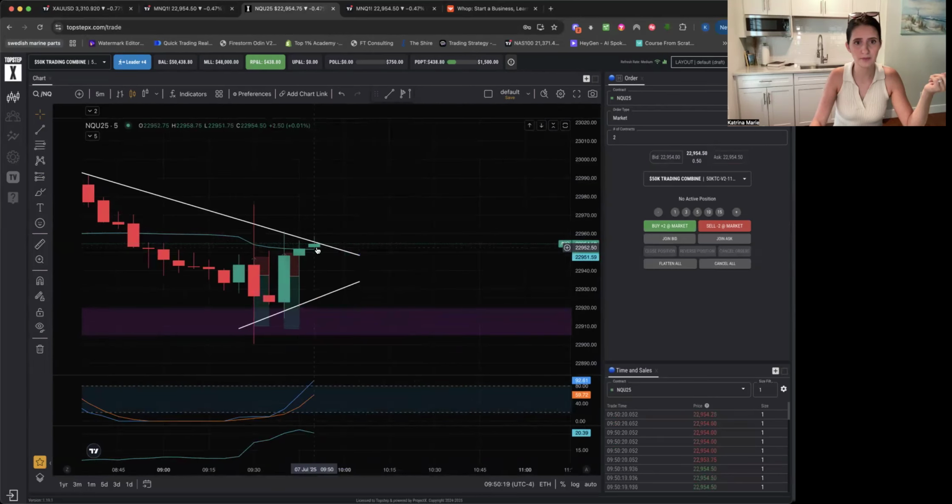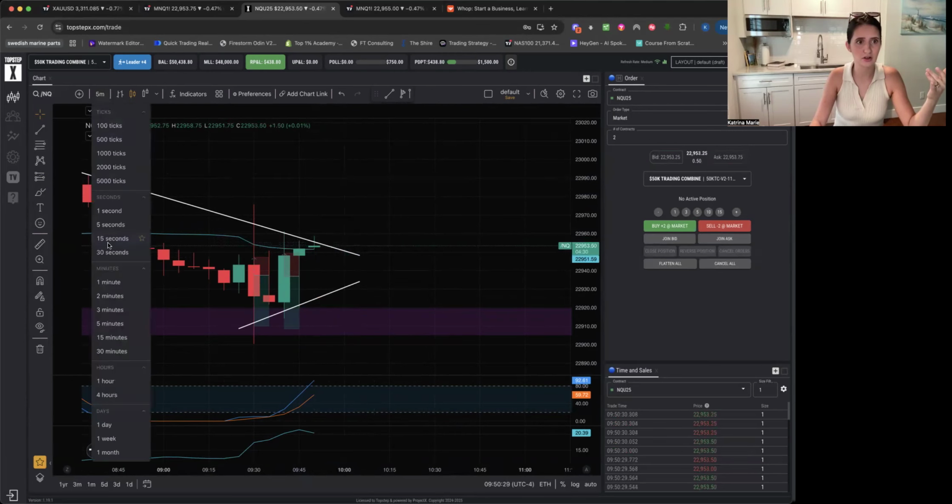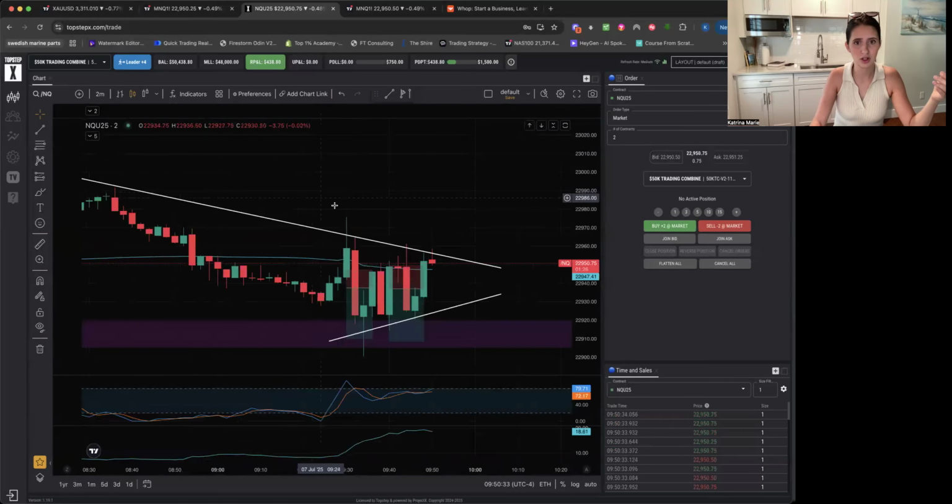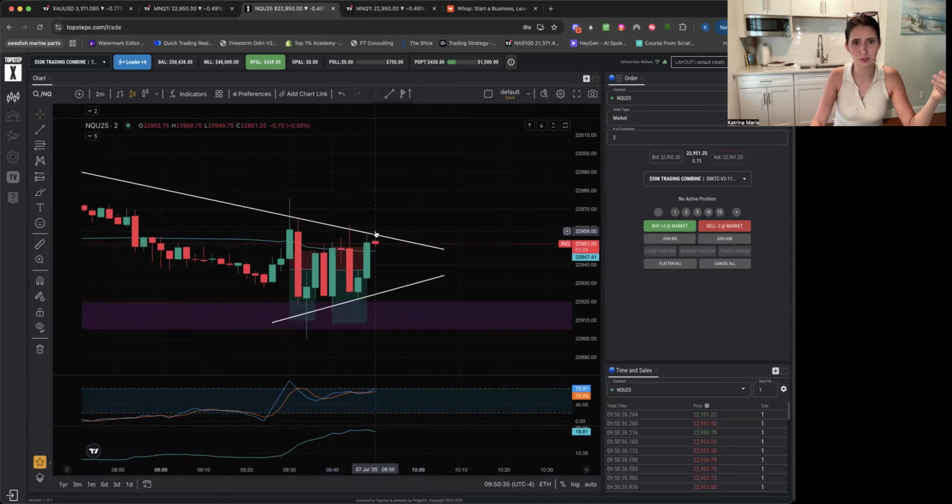See what I mean? If you entered there, you would already be in drawdown. It needs to leave that wick on the other side. And we don't want to be in a trade just because it broke, and then here's our stop loss, right around this area, and it gets tapped.